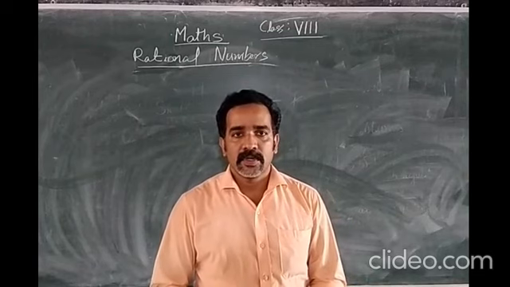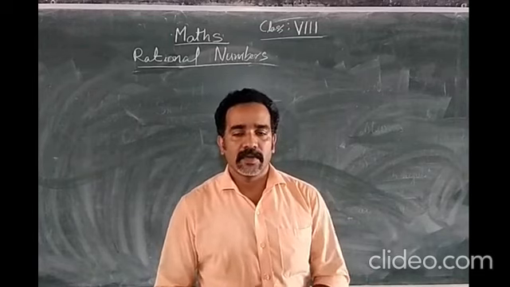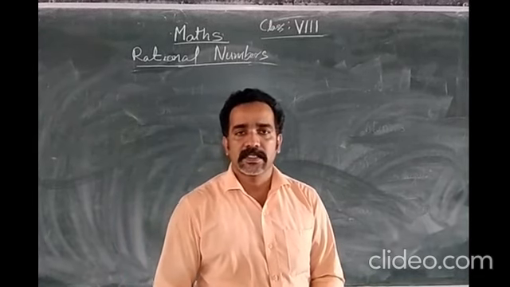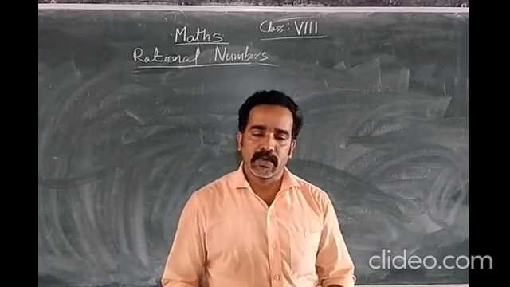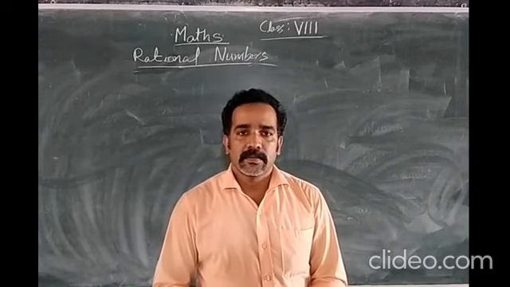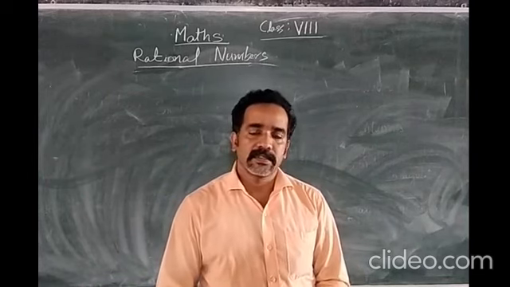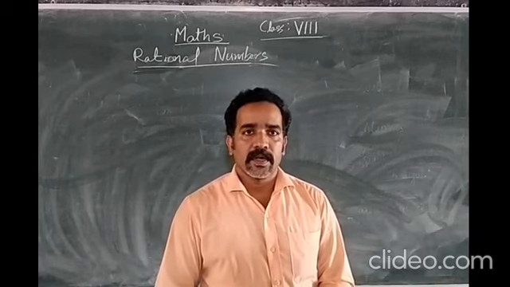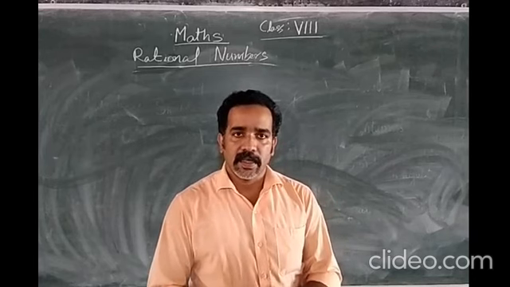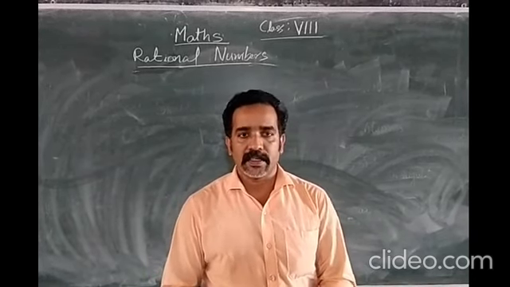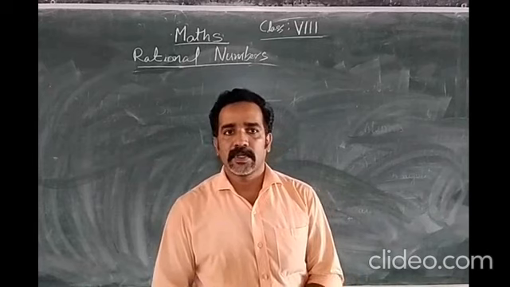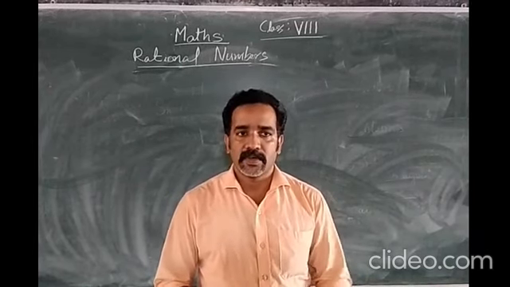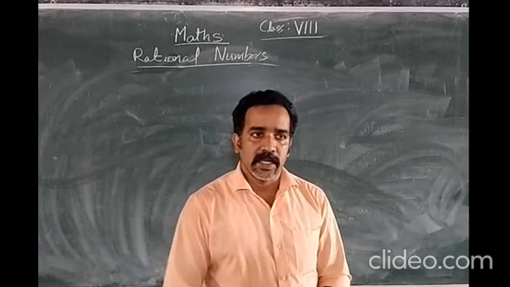Better you should have a 200 pages notebook, rolled or unrolled, no problem, but better unrolled. I hope most of you collected the textbook, so that is not a problem. You will be having the textbook with you. So let us begin our chapter.